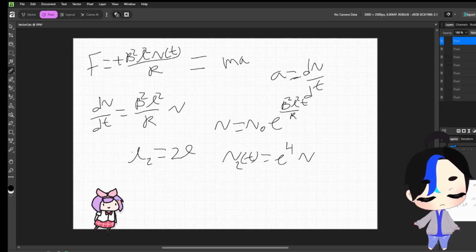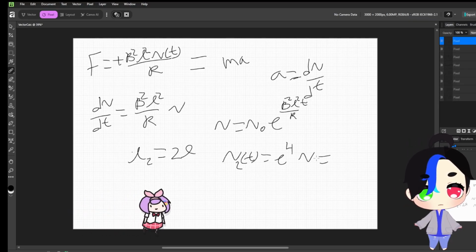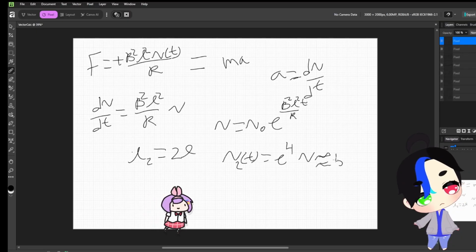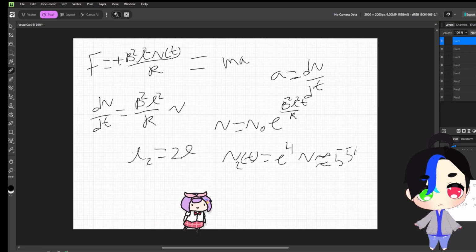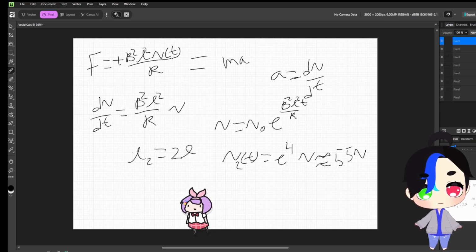that is almost 55 times the velocity of half the length of the rail, or the initial length of the rail. That is insane. That is how efficient railguns are.